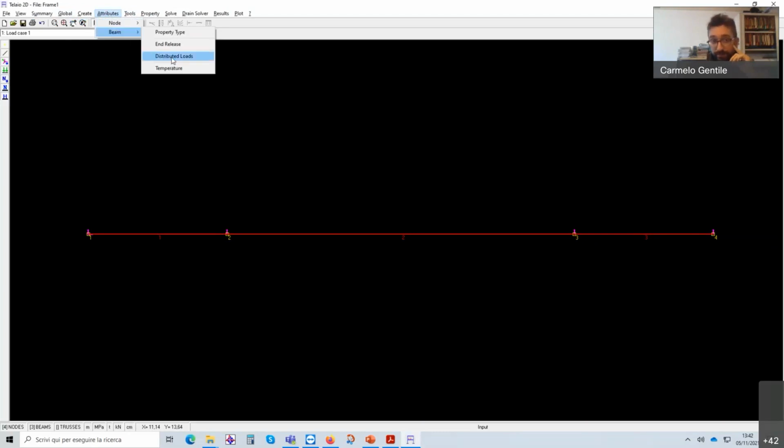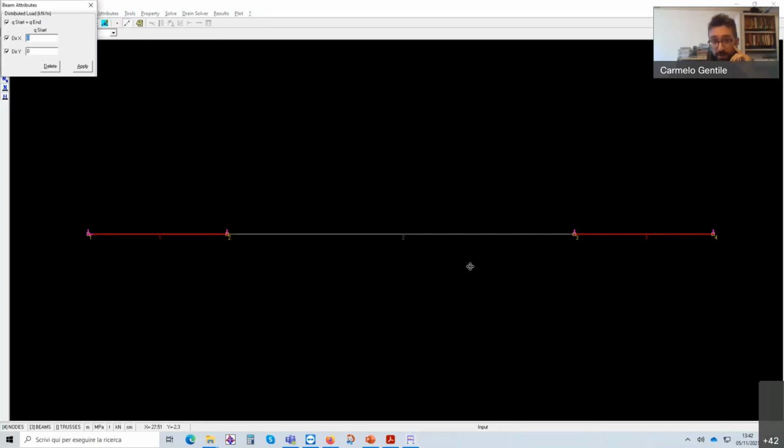Now the loads. We can assume that in the midspan there could be a higher load. This is for a series of reasons that we will explain in the next lectures.